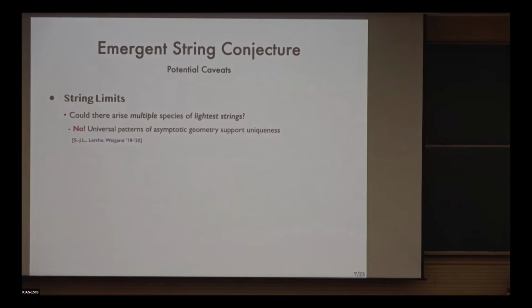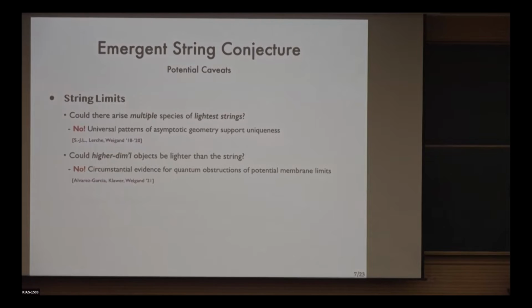Firstly, as for the string limits, one could ask if multiple species of light strings could arise at all in a given limit. As it turns out, however, for all classes of asymptotic geometries we've considered and analyzed, we've been able to prove either that the light string should be unique, or otherwise spot a KK tower which is lighter than even the lightest string scale.